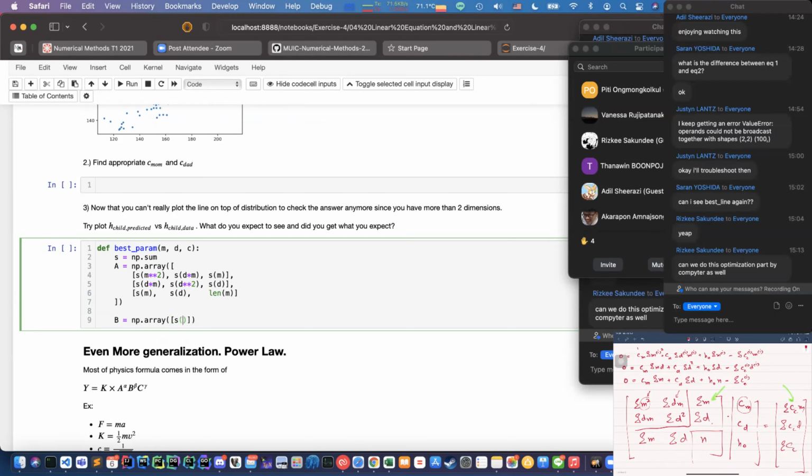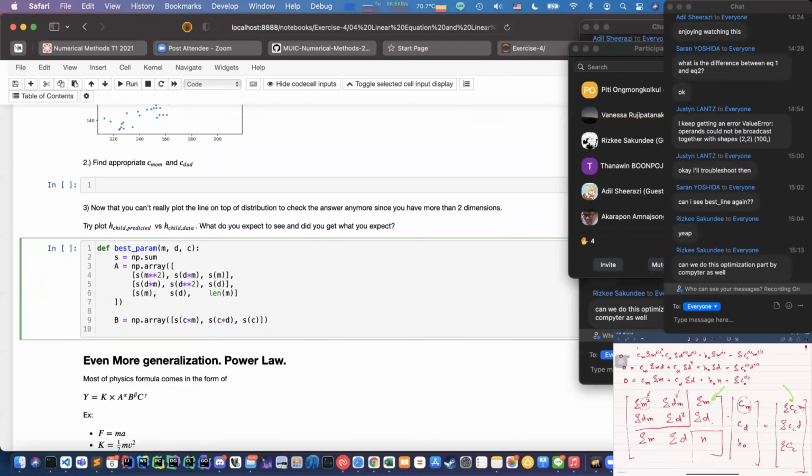And B is np.array: S of C times M, S of C times D, and S of C. You can actually write this as a tensor equation, and then everything is going to look so much nicer.